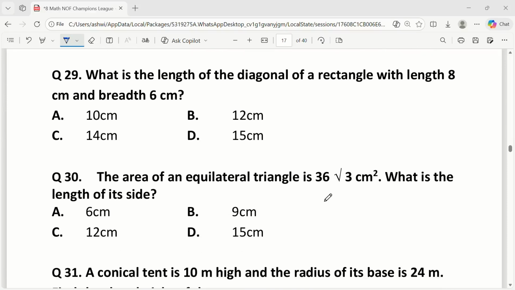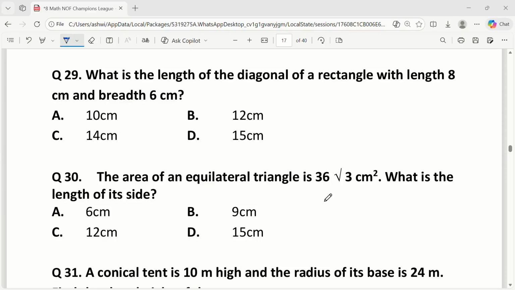Question 29. What is the length of a diagonal of a rectangle with length 8 cm and width 6 cm? The diagonal of the rectangle forms the hypotenuse of a right angled triangle with length and breadth as the two other sides.